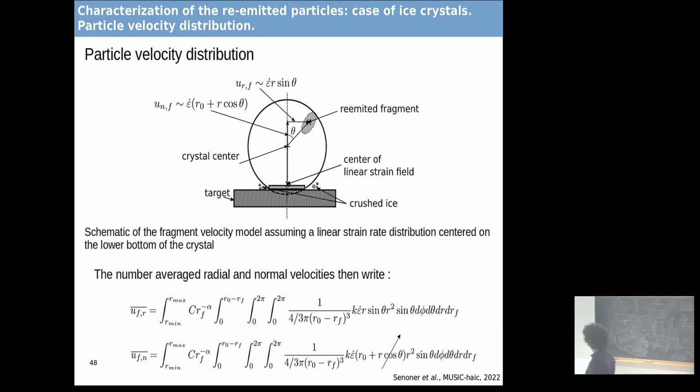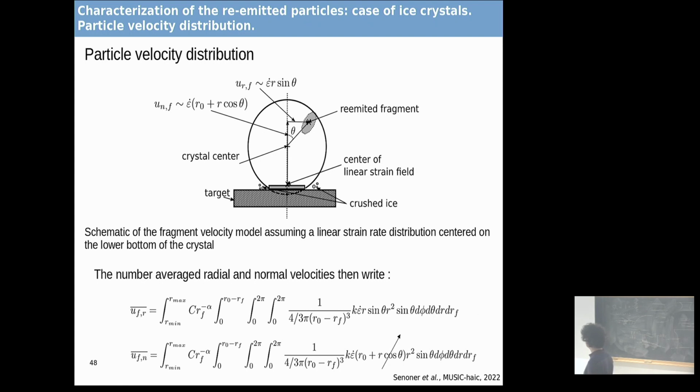We have two components: a radial one in this one, a normal one to the wall in this one. And here we are able to compute an average radial and normal velocity.